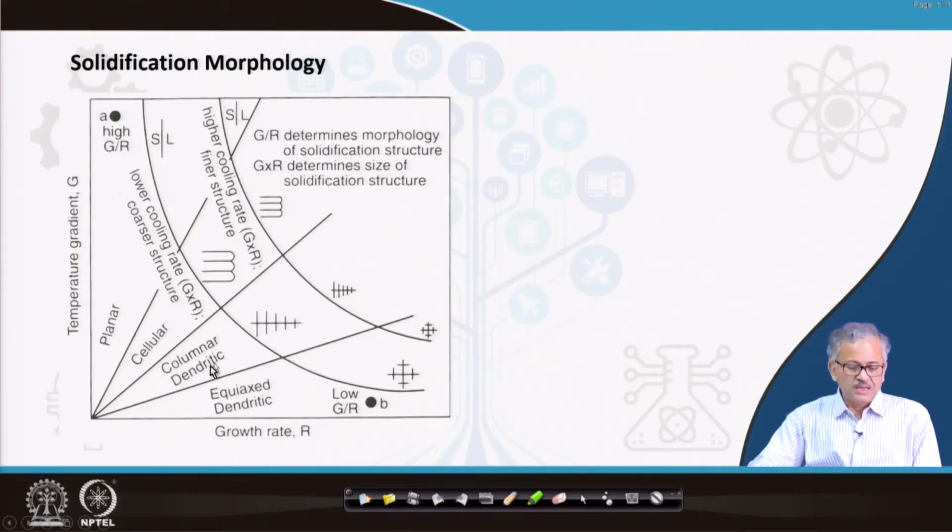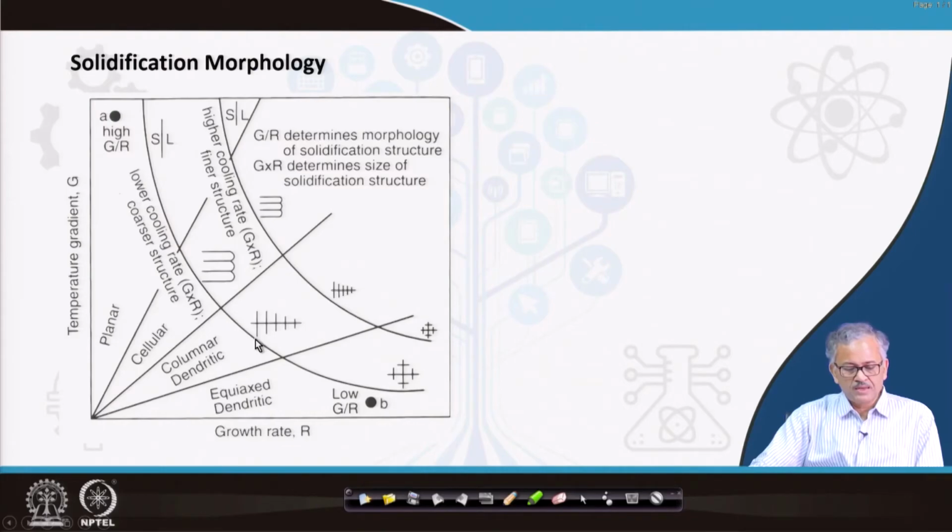Then you can have columnar dendritic, where columns as well as some dendrites grow. This is columns and the dendrites are forming. And then you can have equiaxed dendritic structure. A very fine equiaxed structure you can get at a very low G by R value. You can see the straight lines that demarcate the different G by R values and the different regimes of morphologies.